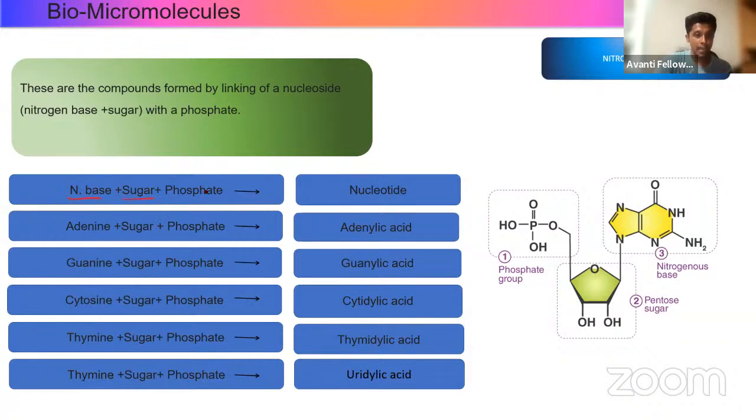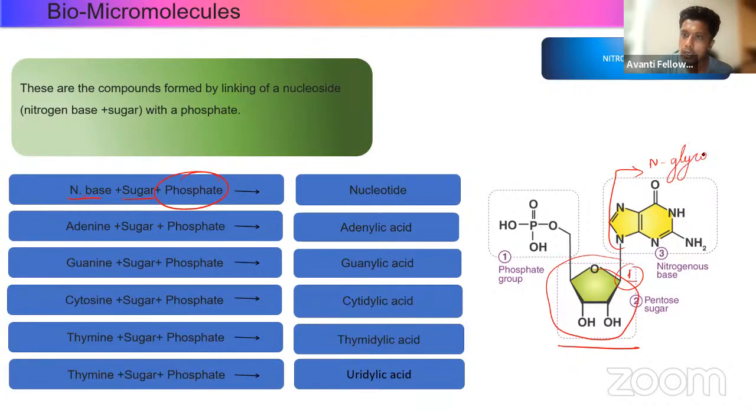If a phosphate molecule is attached to this nitrogen base and sugar, see here people, you have a structure here. You have your pentose sugar, and to the first carbon atom you have your nitrogen base combined through what linkage I told you? N-glycosidic linkage, right?